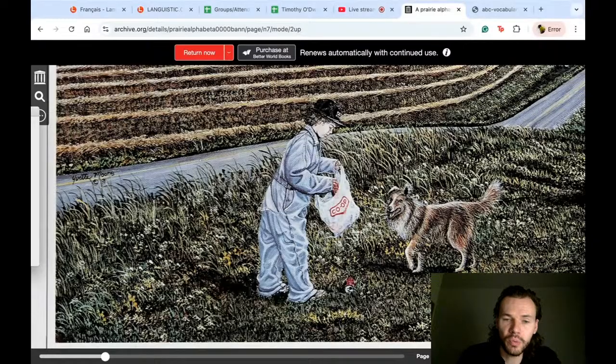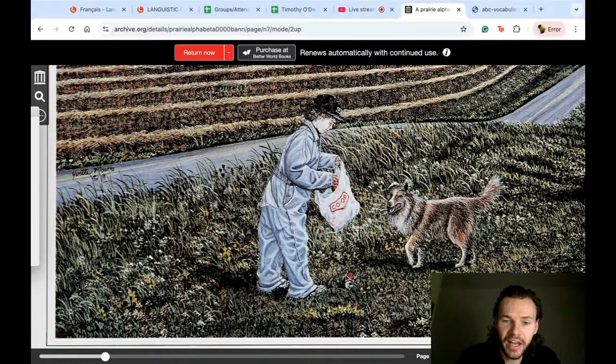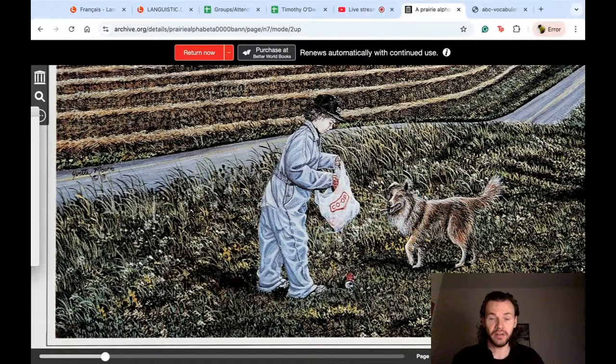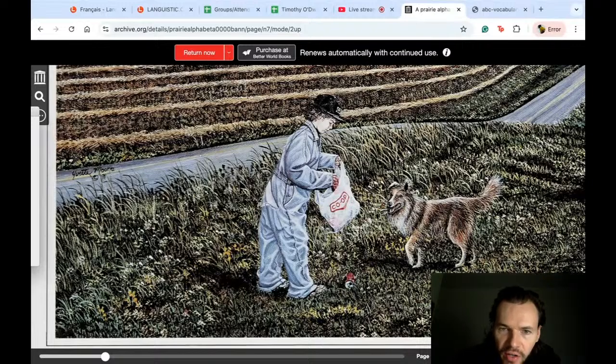So another C word, we have can, a can, one can, two cans. We have one can here, two cans here, and it looks like there's a third can right here.